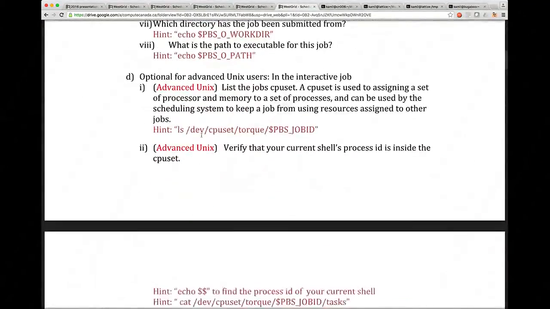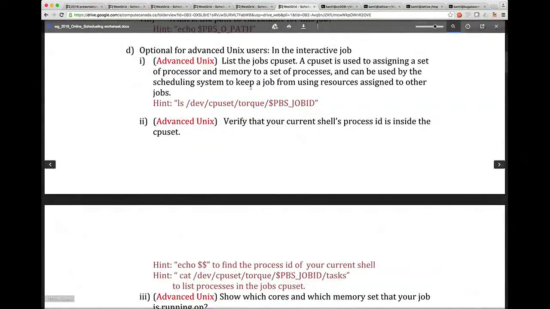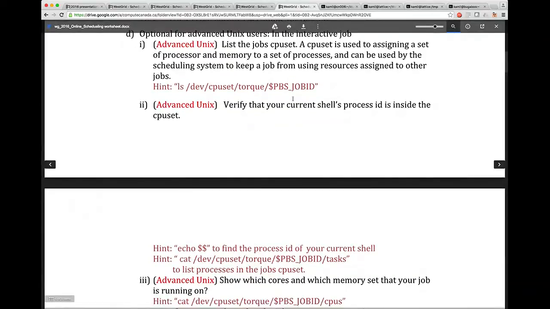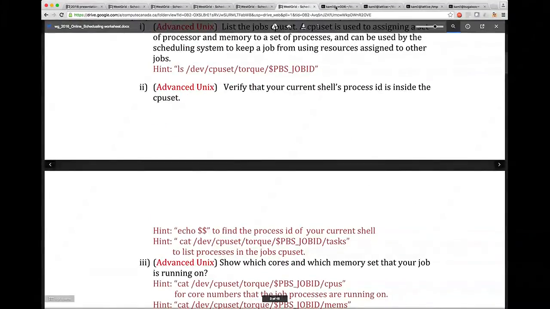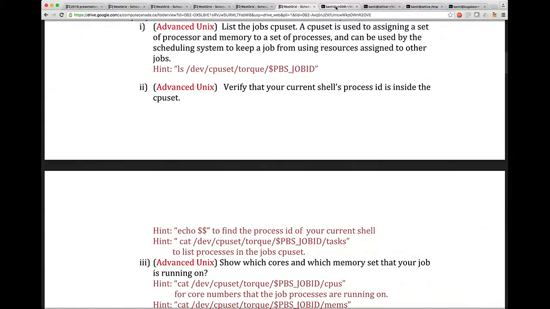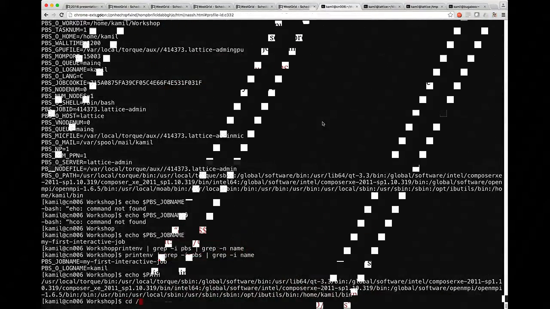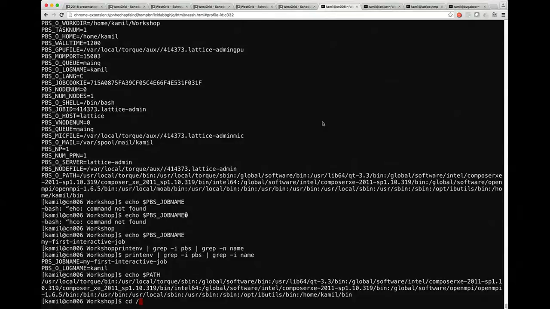Okay. So for advanced Unix users, we'll look at something interesting. Unix has a way of keeping jobs, or processes, from stepping on each other.